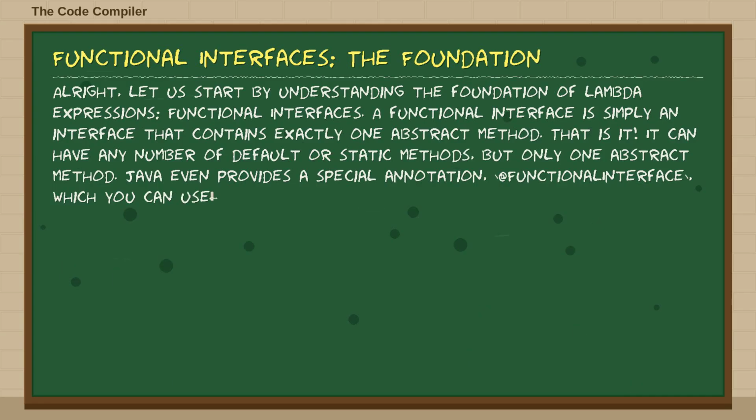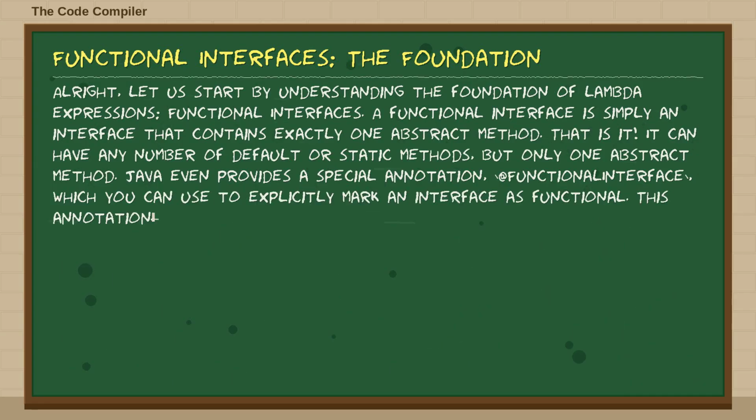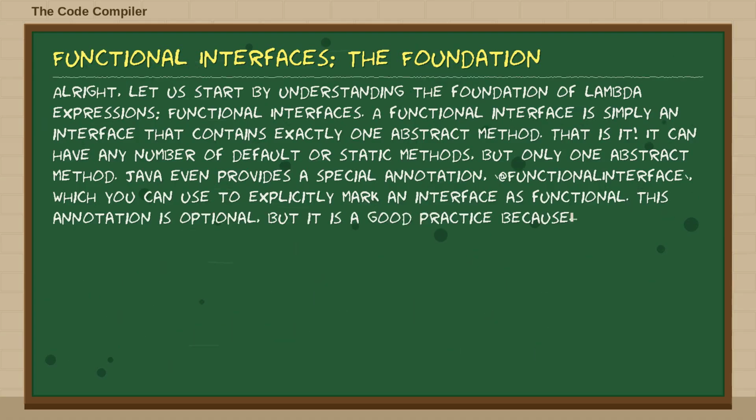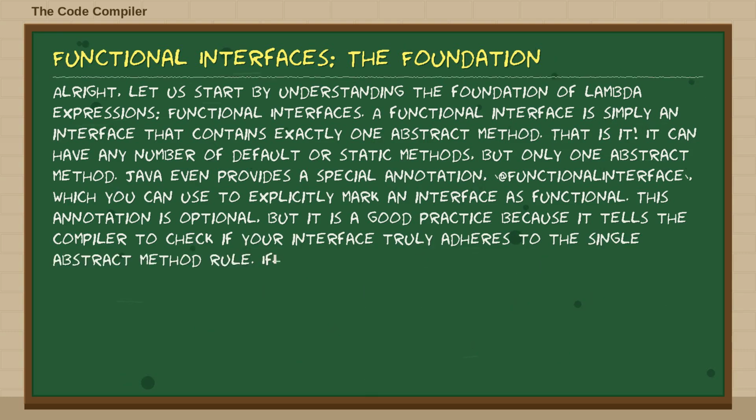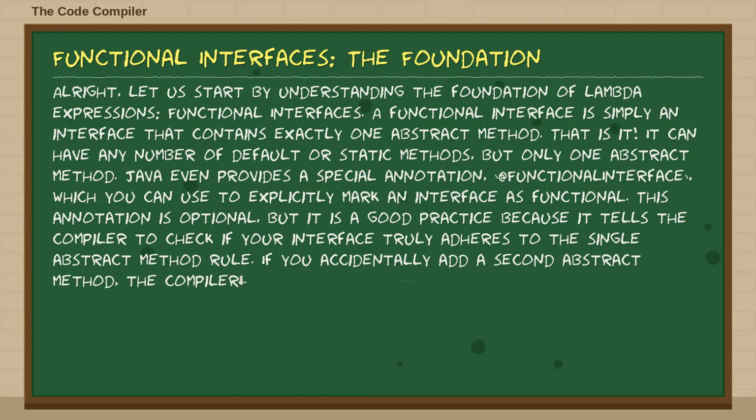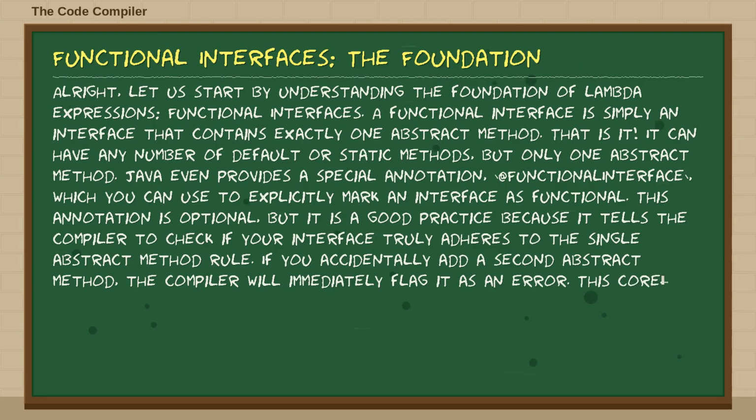Java even provides a special annotation, @FunctionalInterface, which you can use to explicitly mark an interface as functional. This annotation is optional, but it is a good practice because it tells the compiler to check if your interface truly adheres to the single abstract method rule. If you accidentally add a second abstract method, the compiler will immediately flag it as an error.